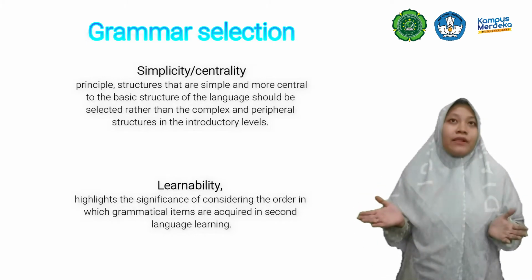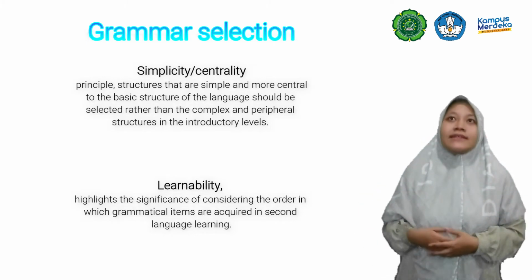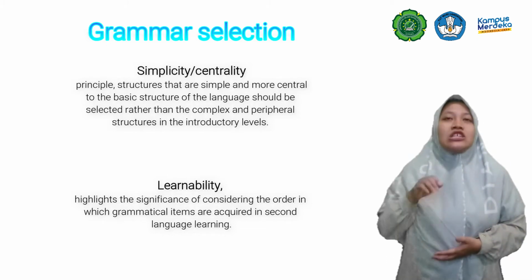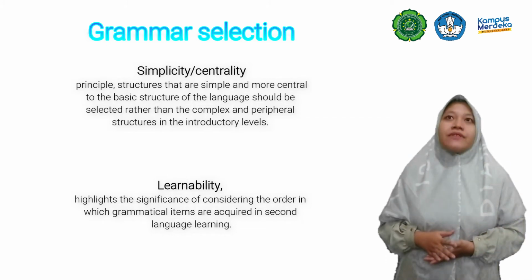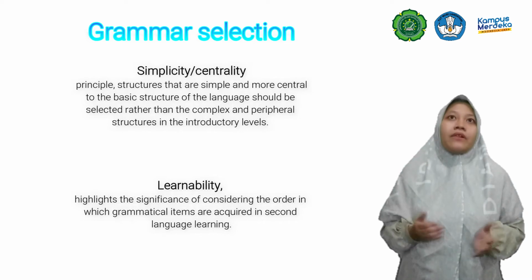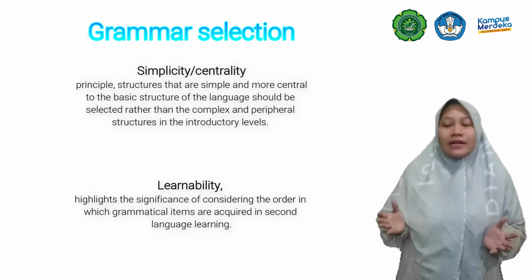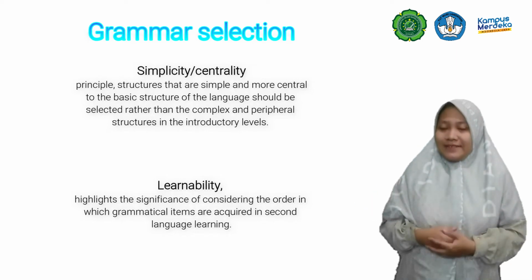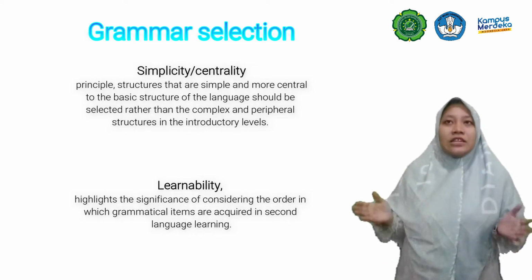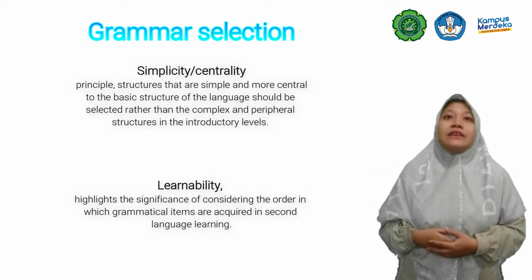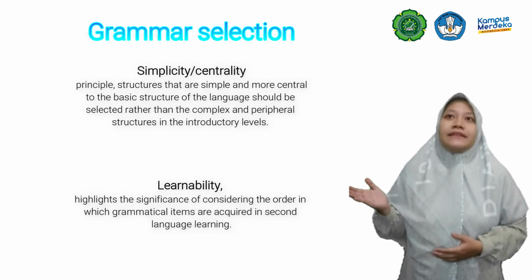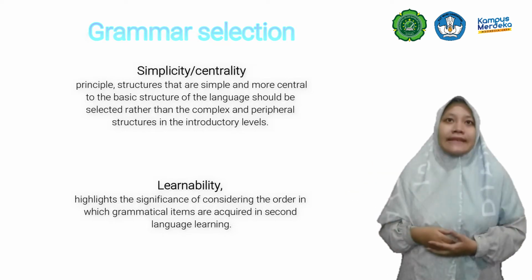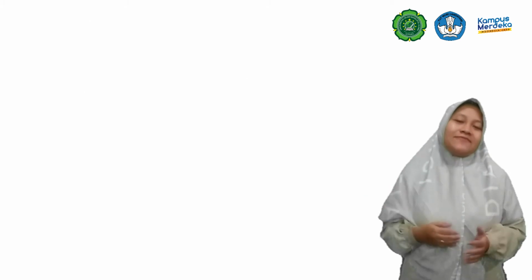Structures that are simple and more central to the basic structure of the language should be selected rather than the complex and peripheral structures at the introductory levels. So how about learnability? It highlights the significance of considering the order in which grammatical items are acquired in second language learning.